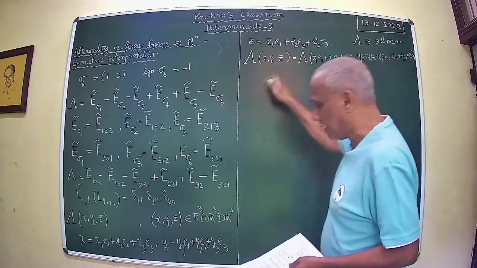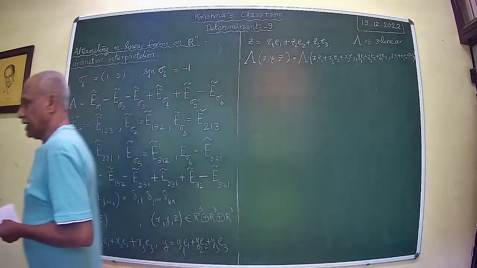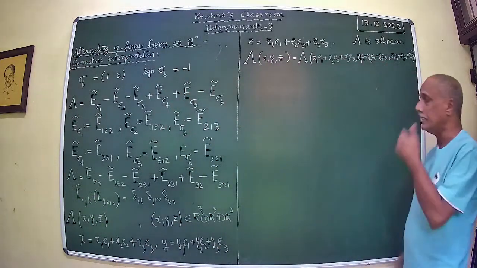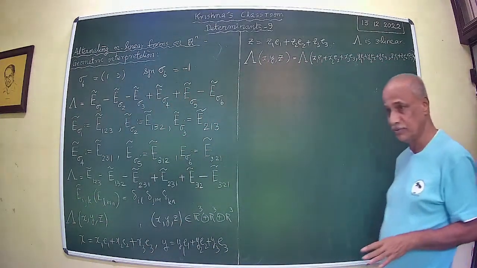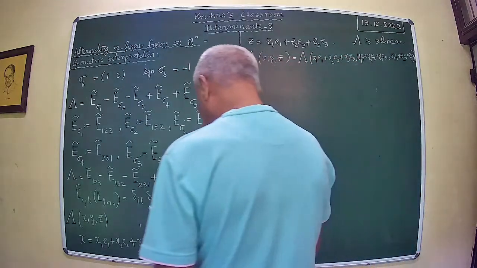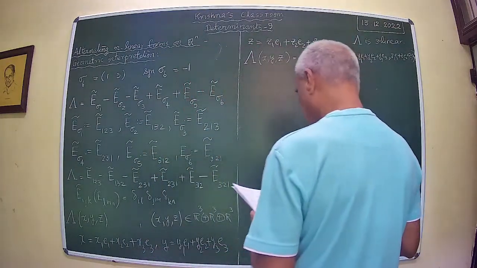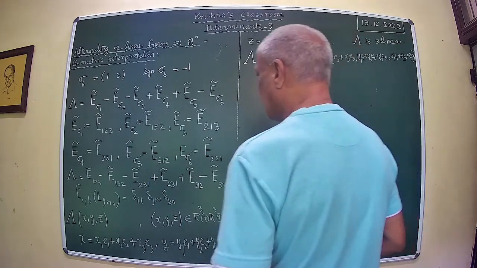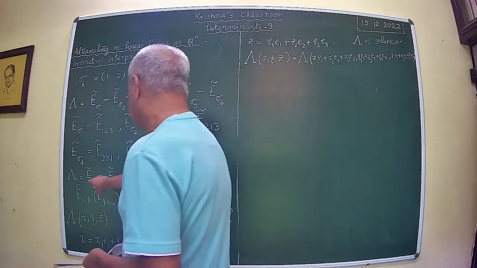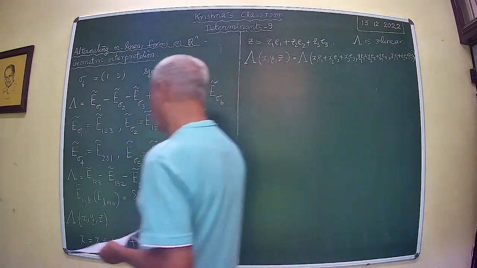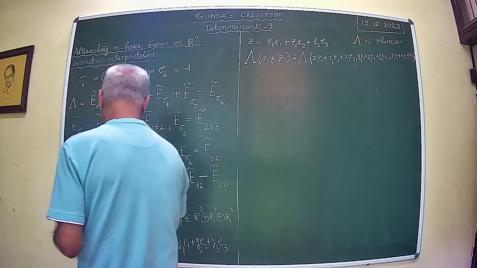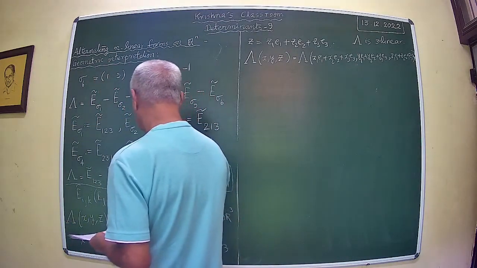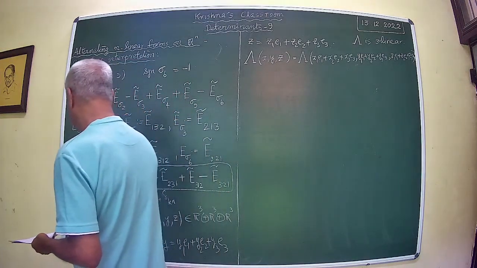If you expand using the property that lambda is 3-linear, meaning linear in each argument when the others are held fixed, this is the expression for lambda. We shall use this.